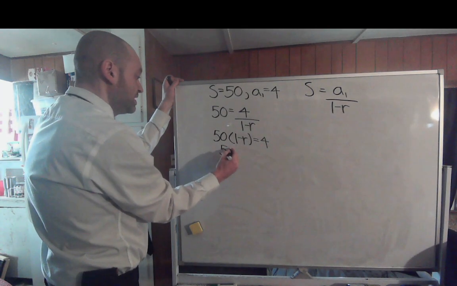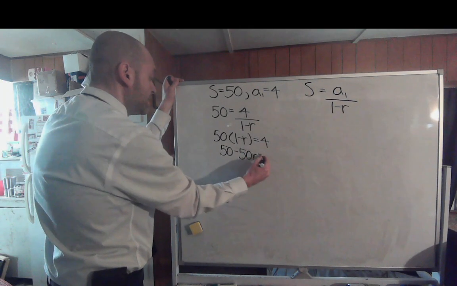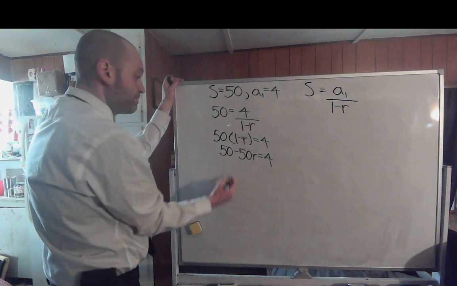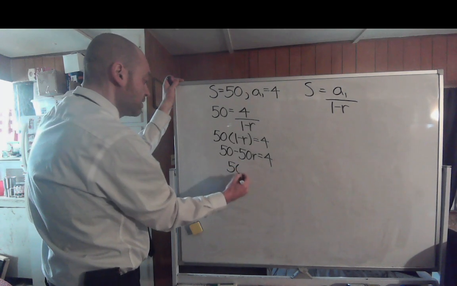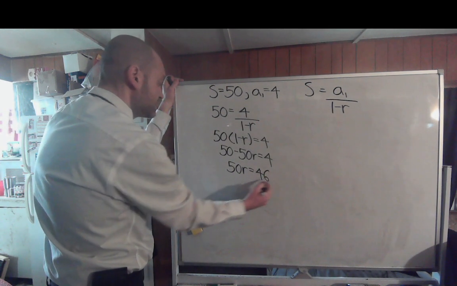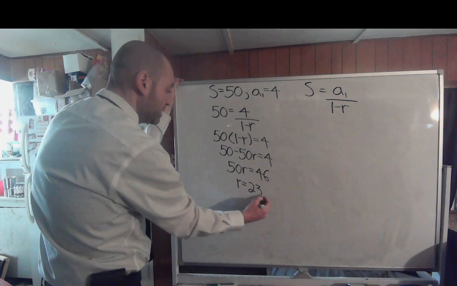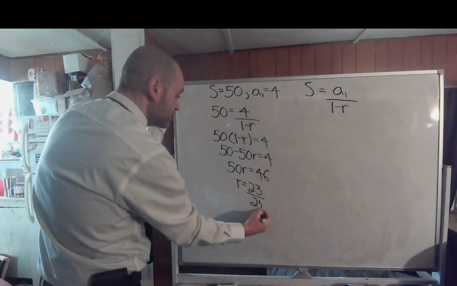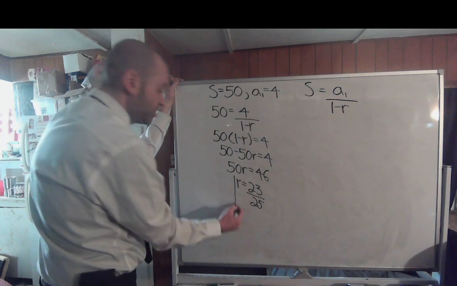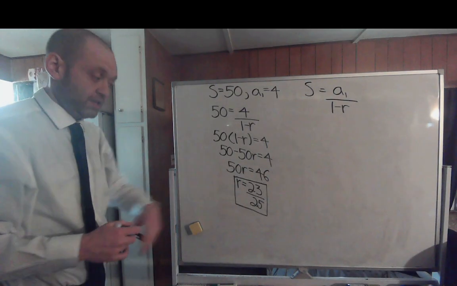So 50 minus 50r equals 4. So 50r would equal 46. So r would end up equaling 23/25. So the common ratio for this series would in fact be 23/25.